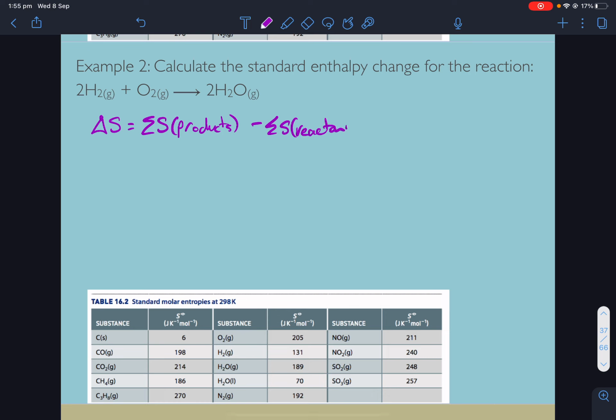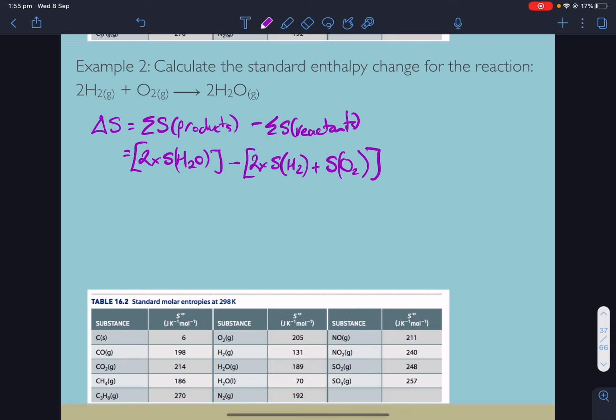So my products are 2 times the entropy of water, and that's my only product, minus 2 times the entropy for H2, plus, I've only got 1 mole of the O2, the entropy of O2.